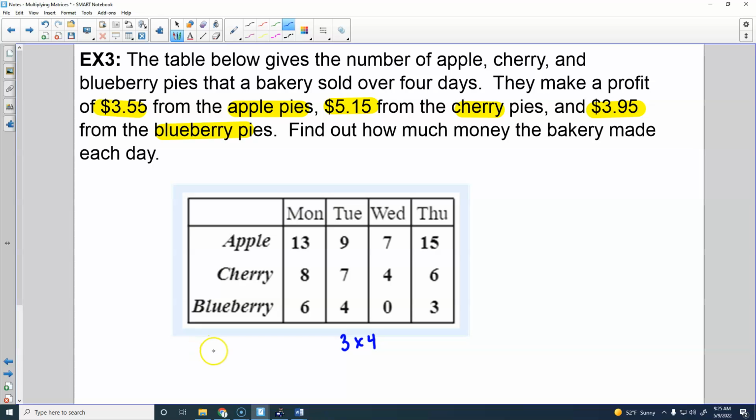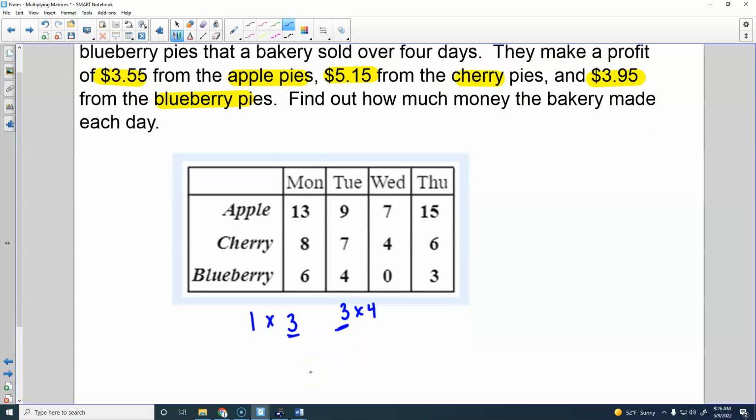A 3 by 1 will not work because then I'd have a 1 and a 3 right here. I don't have enough information for anything but a 3 by 1 or a 1 by 3. But if I switch this around and make it a 1 by 3, then the middle two will work together, right?